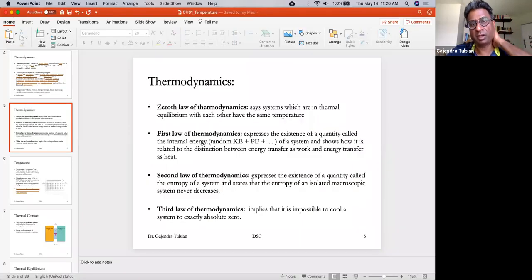The second law of thermodynamics expresses a quantity called the entropy of the system.